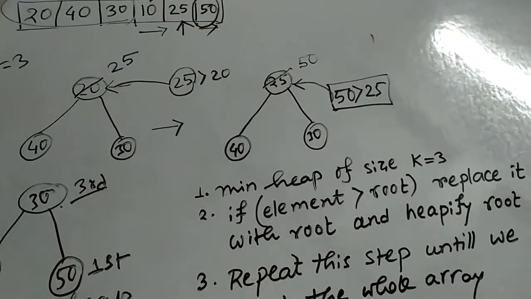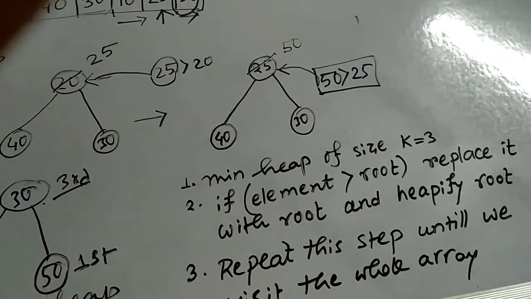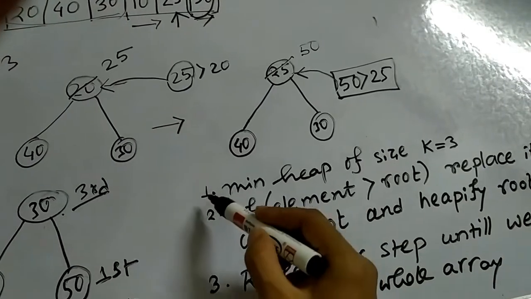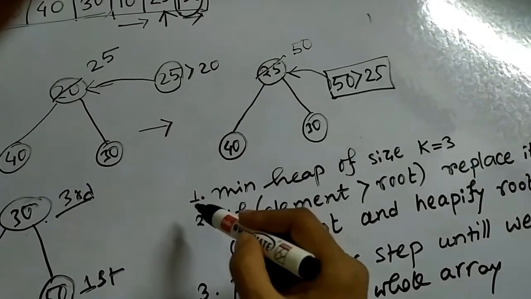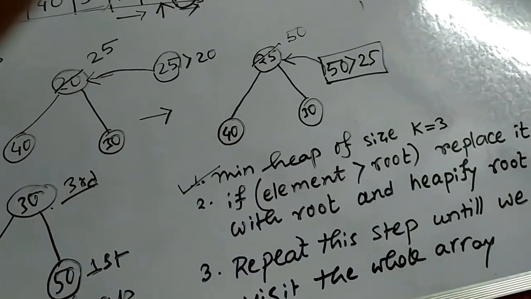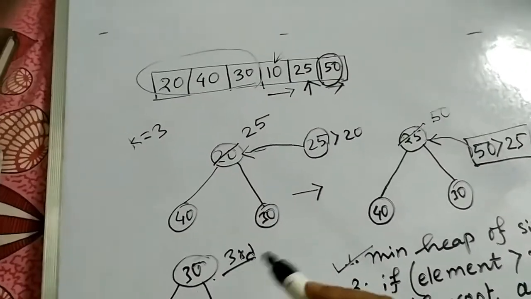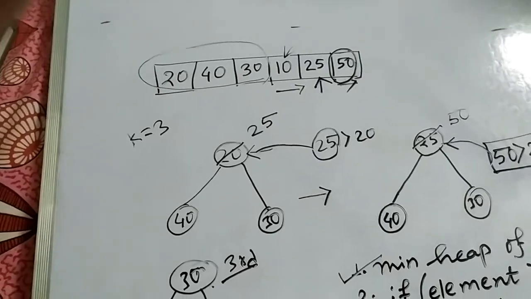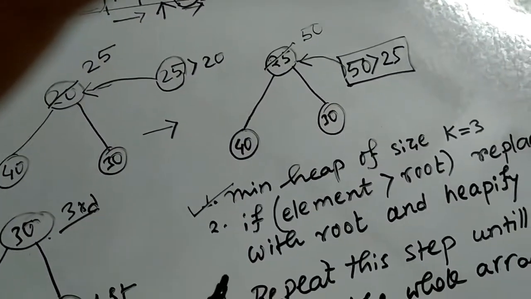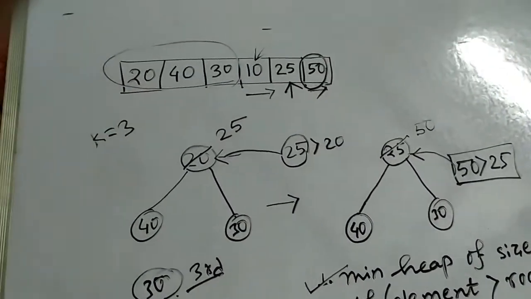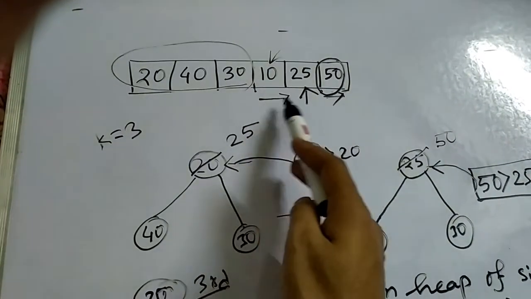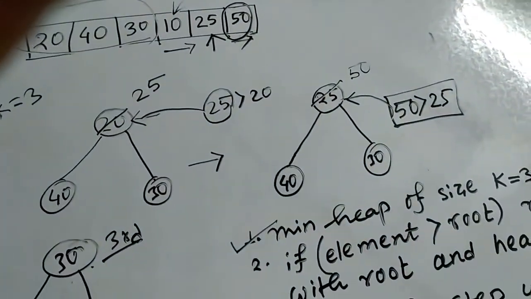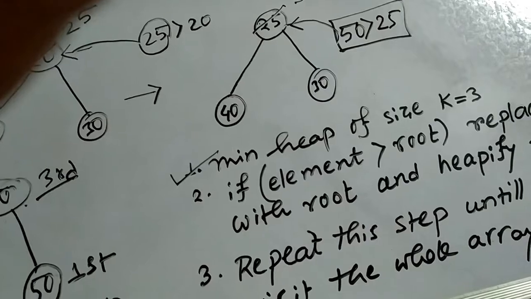So what I did: in the first step I create a min heap of size k. In our example k is 3, so I have built a min heap of size 3. Then I check whether the remaining elements are greater than my root or not.